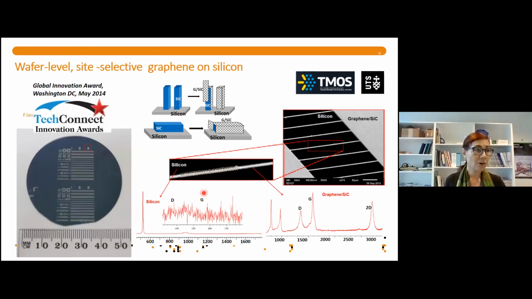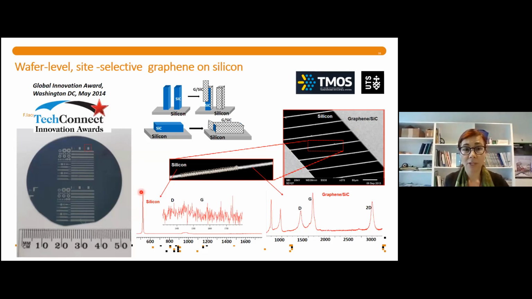And this was one of our early examples where we showed that we could make these suspended bridges on silicon by pre-patterning the silicon carbide, then doing some surface micromachining of the silicon, and then obtaining the graphene directly on those silicon structures. So any type of structure, even 3D structures anywhere on the wafer, can be graphitized in the way that I explained.